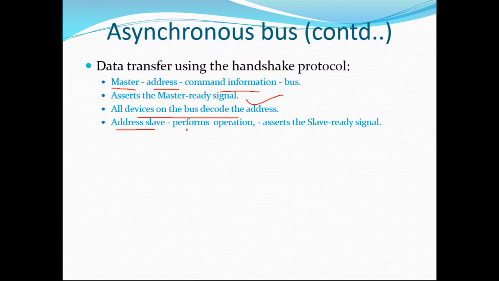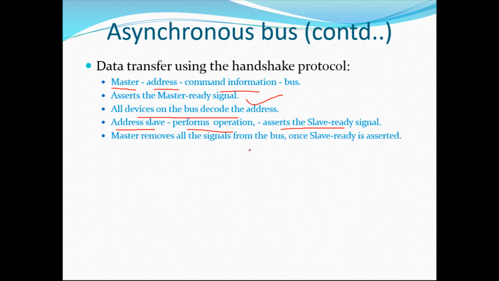The addressed slave will perform the operation. Read means it will take the data from the IO device and keep it on the data bus. Write means it will take the data from the data bus and write it into the IO device. After the operation is completed, it will assert the slave ready signal, saying that I have done the job.